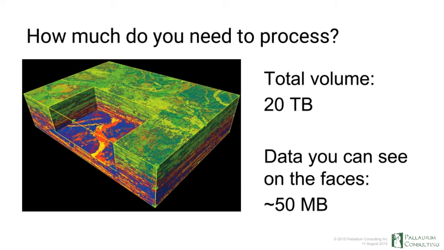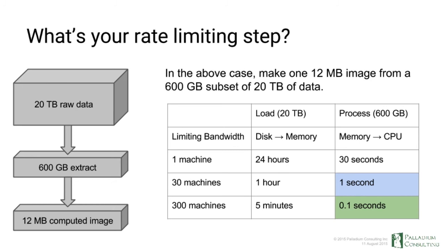So let's decide you know how much data you want, how small you can crunch it. How do you figure out which of those human speed limits you can hit? You need to look at the rate limiting step. This is our first step when we look at someone's problem to figure out, bigger than a bread box, smaller than a bread box. In this case, we take that same data set, extract a fairly small but unpredictable part of it, then crunch it down to a small image, a few megabytes.